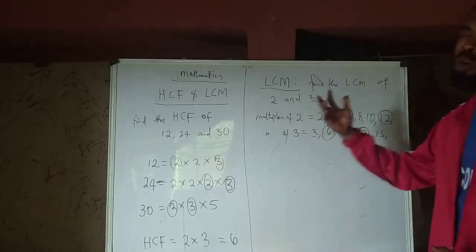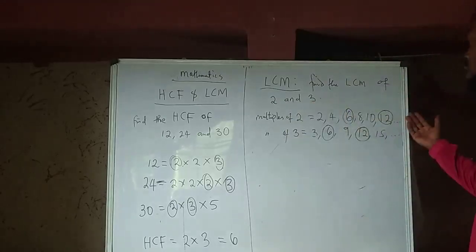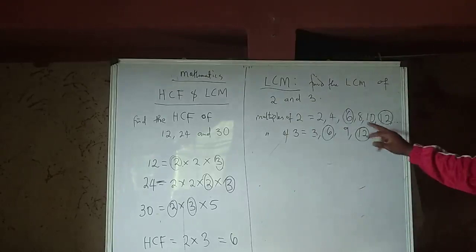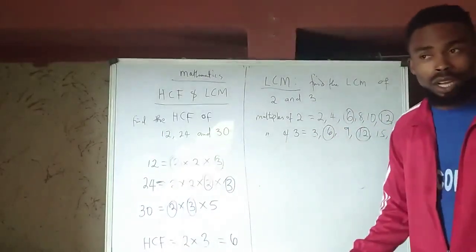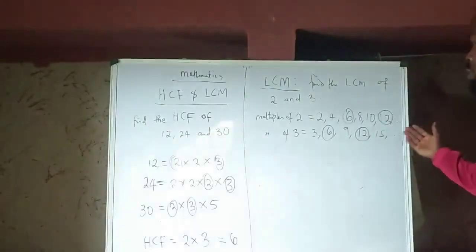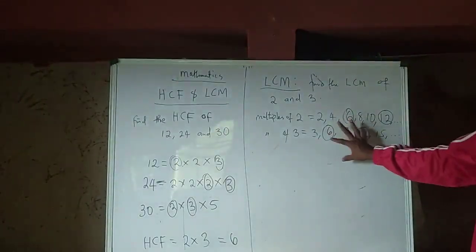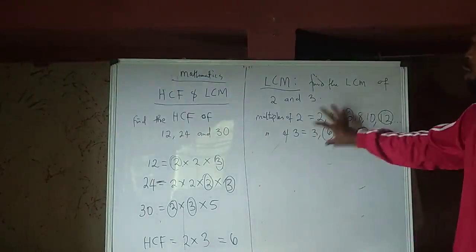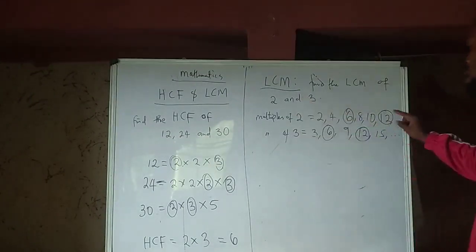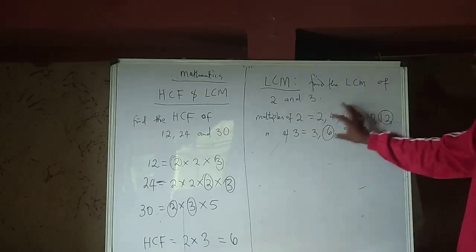There can be other common multiples. 30 is a common multiple of 2 and 3, but we're not going to that extent. This is enough to explain what we want to do. 6 is a common multiple of 2 and 3, and 12 is a common multiple of 2 and 3.